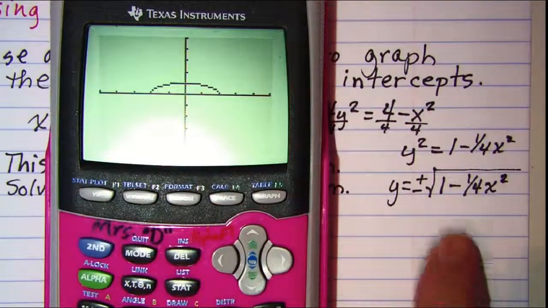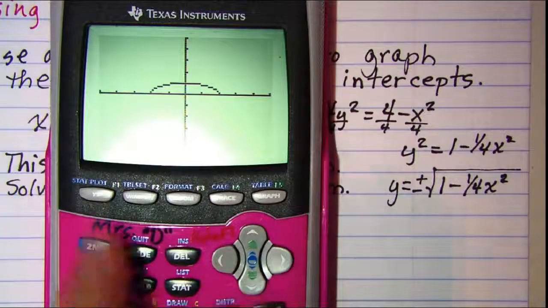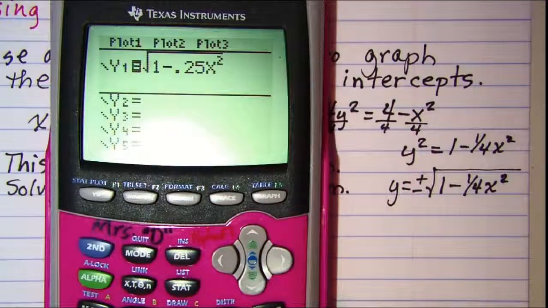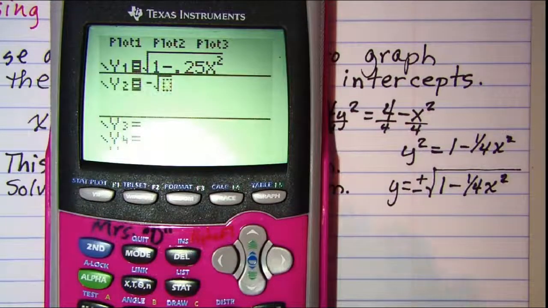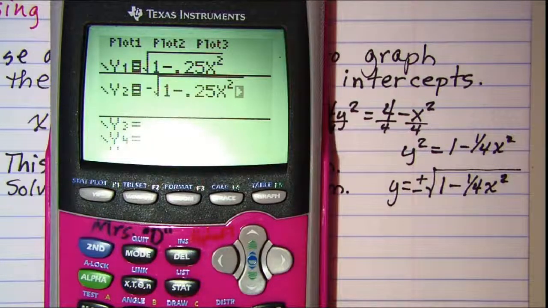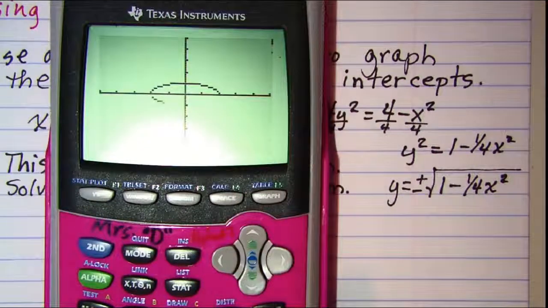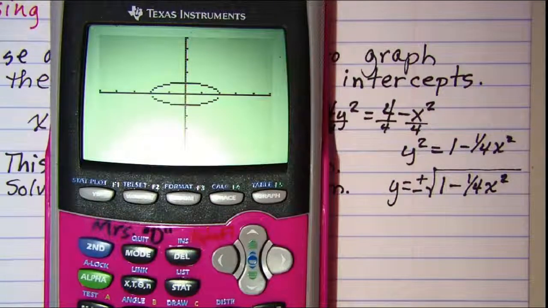Right, and then if we graph the negative square root, right, so we have what looks like an ellipse.